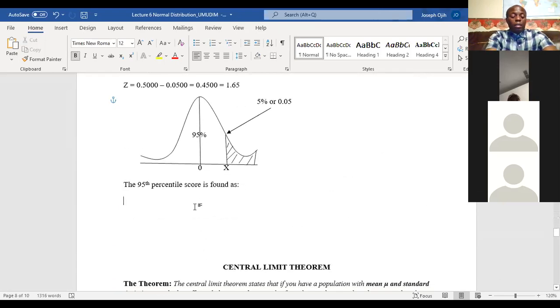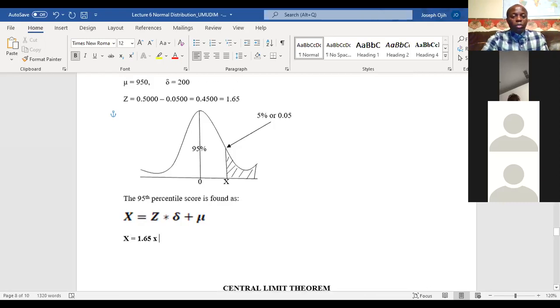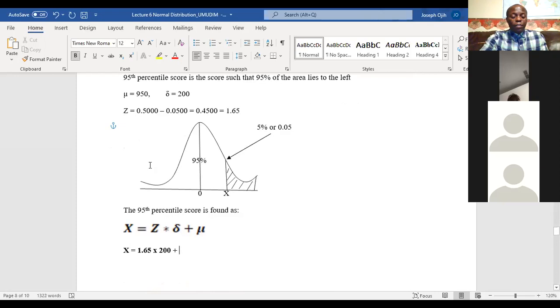So the 95th percentile score, represented by X, equals Z, which is 1.65, times the standard deviation of 200, plus the mean of 950.